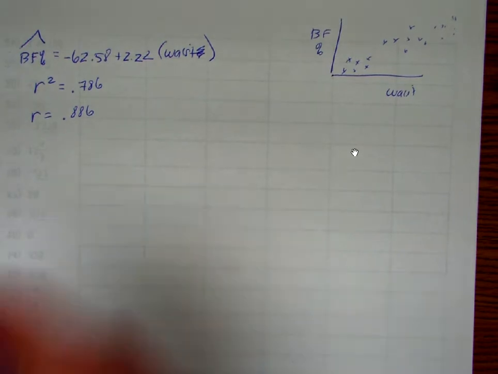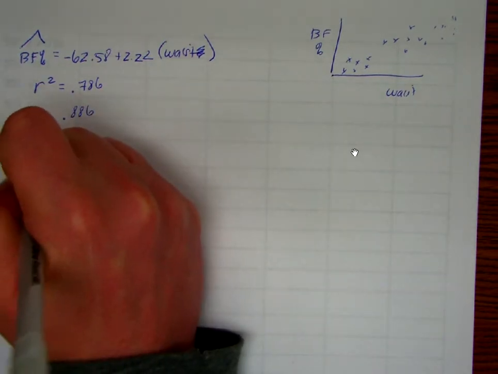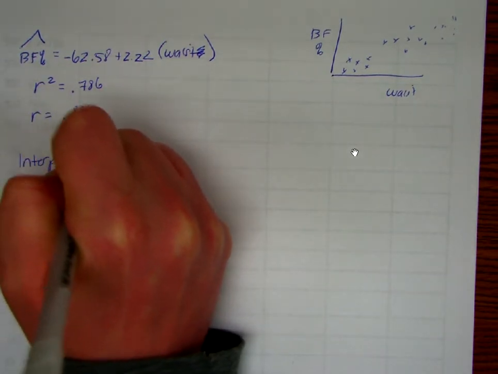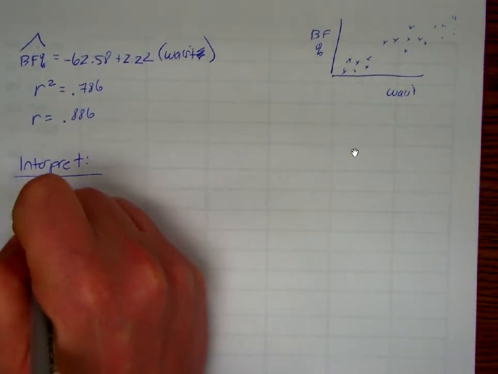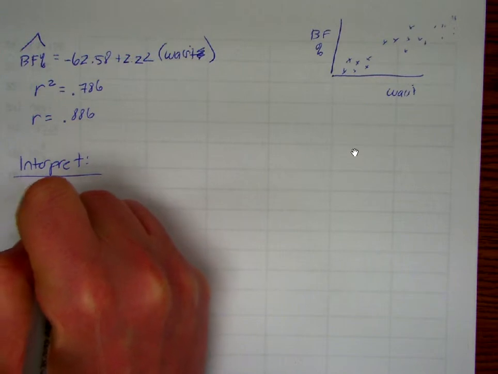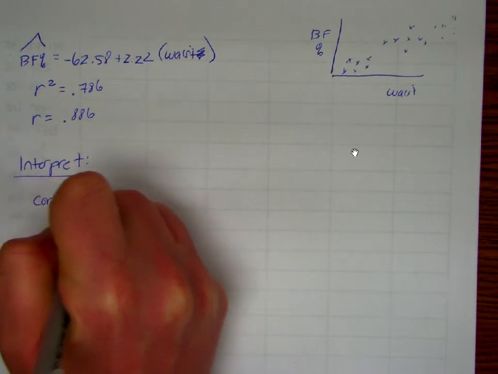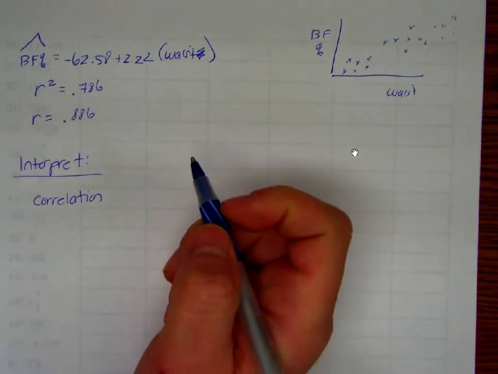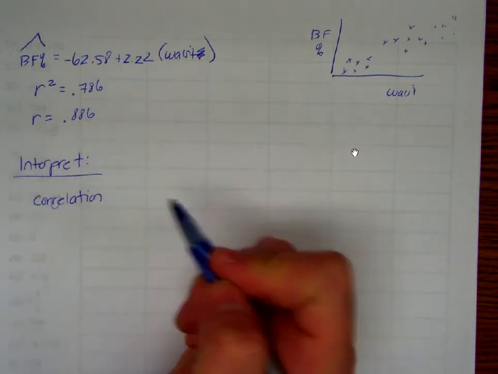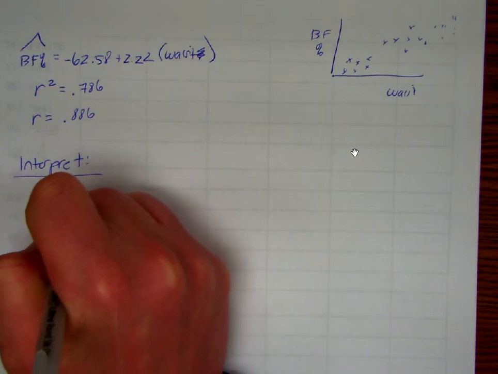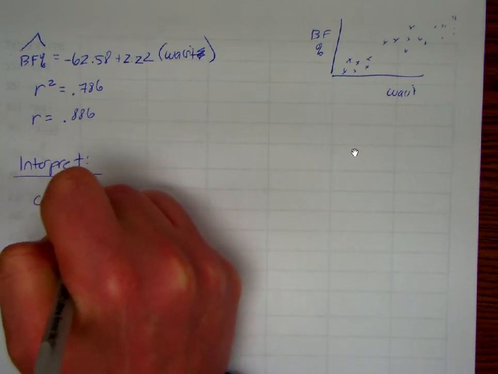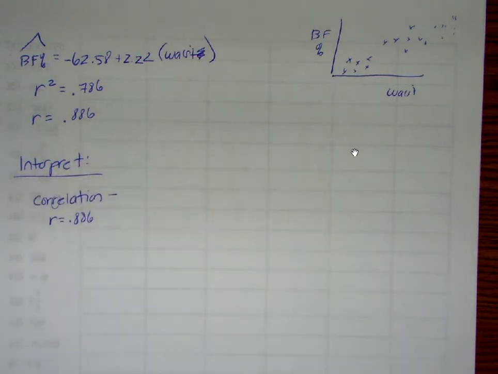Okay, let's first interpret the correlation. In correlation, everyone always circle the R so you know it's the R. Correlation is R equals 0.886. Strength, form, direction, and story.